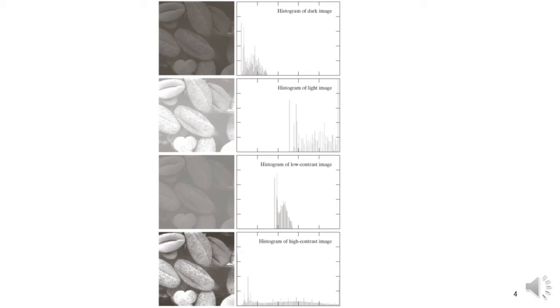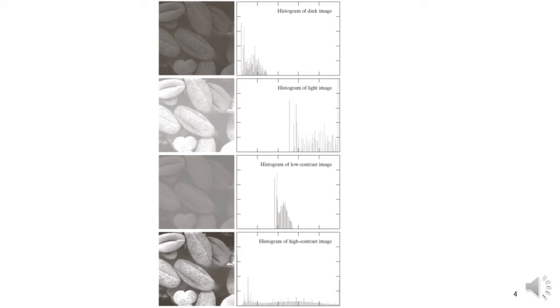Low contrast image means that intensity values are neither darker nor very bright, but somehow in between. So as the image is low contrast, we can see that all the histogram bars are concentrated in the middle of the graph. And lastly, we have another histogram which is of a high contrast image.